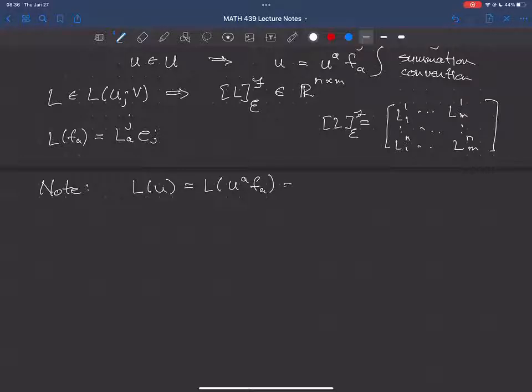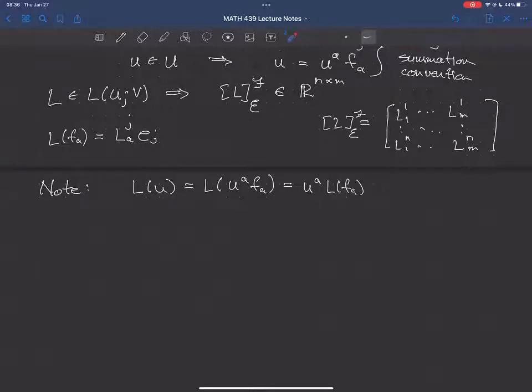Now L is linear, so this is just scalar multiplication of the vector F_A by the scalar coefficient U^A. And so because L is linear, I can pull that outside. And so it's U^A L of F_A, okay?